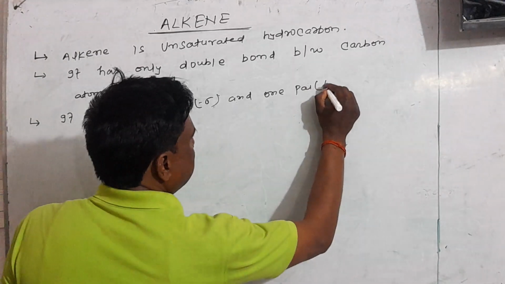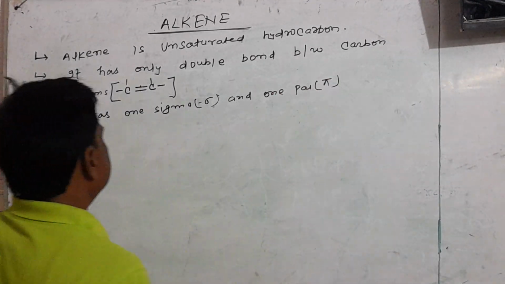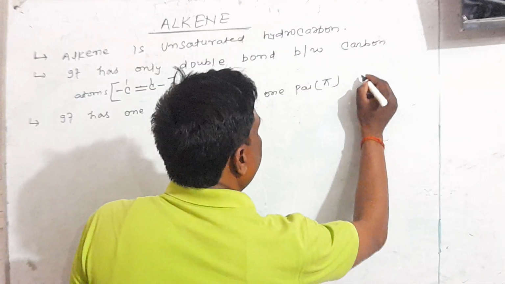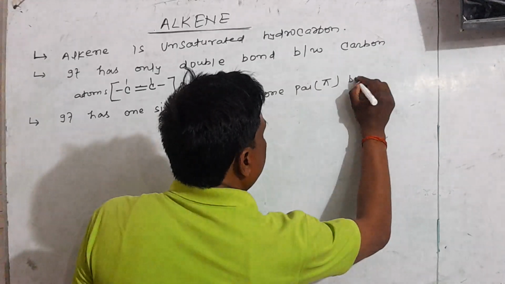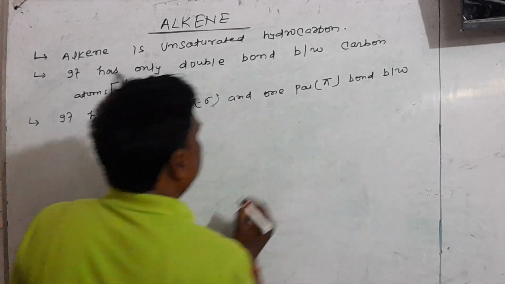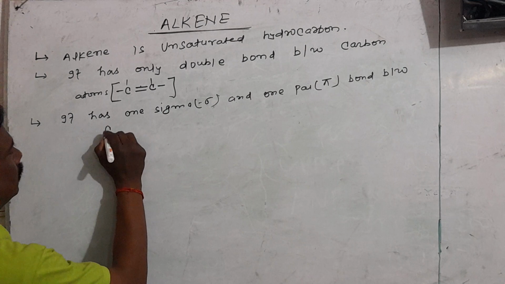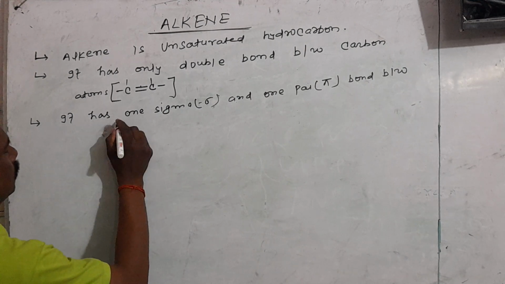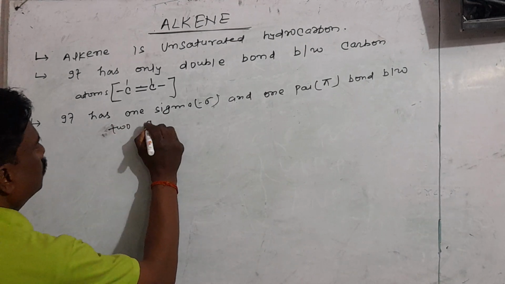The symbol of pi is this. It has one sigma and one pi bond between two carbon atoms.